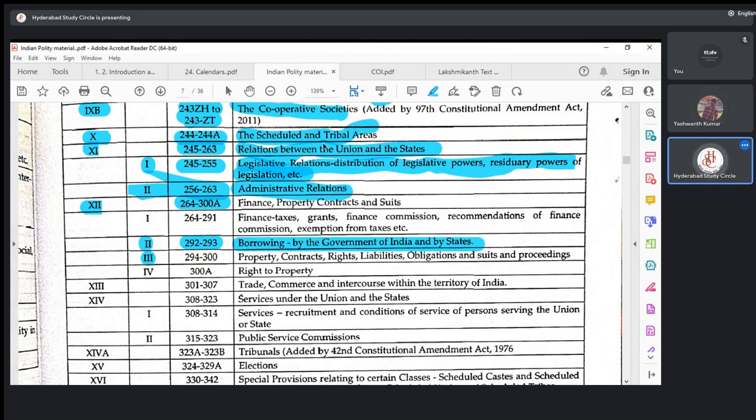Borrowing by the Government of India. Government runs welfare schemes. For welfare schemes, what is required? Capital, that money is required. Money will come from taxes. Now if 100 rupees are required for the welfare schemes, by taxes only 60 rupees will come.